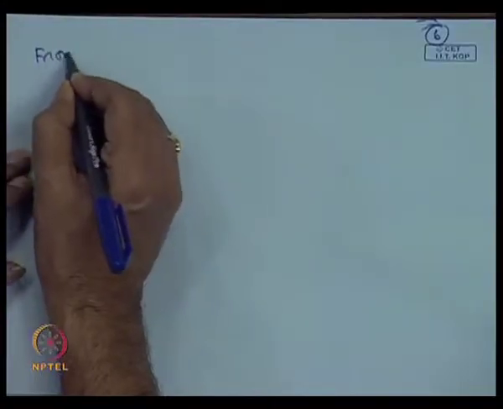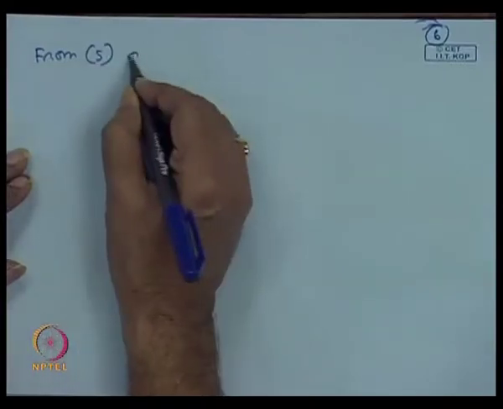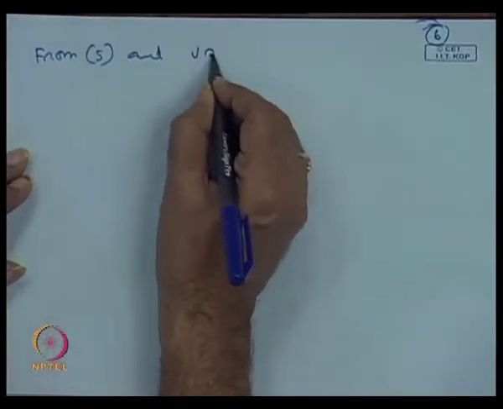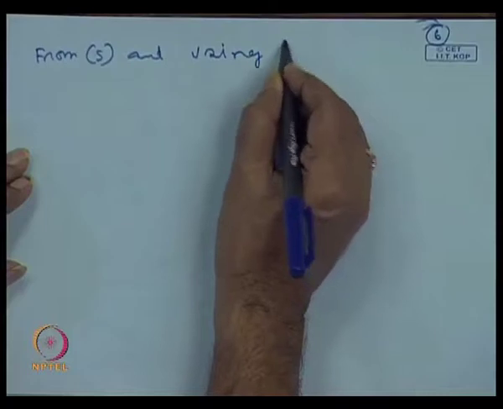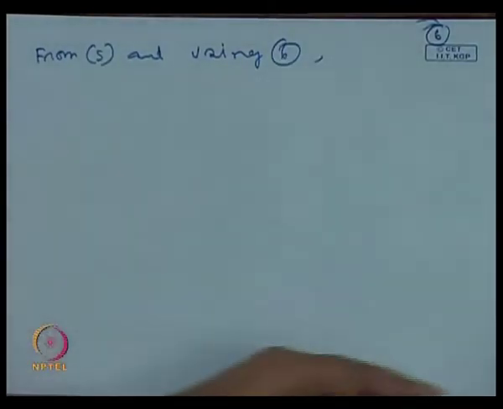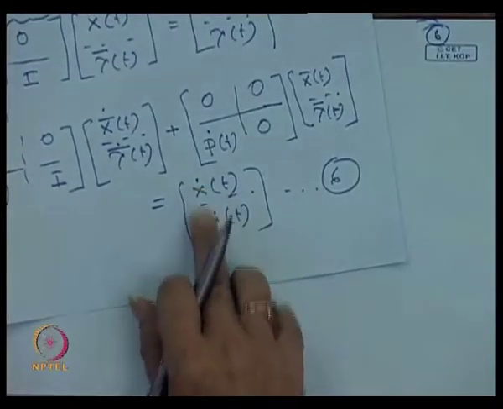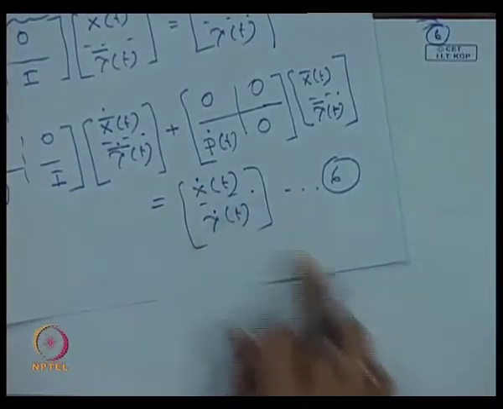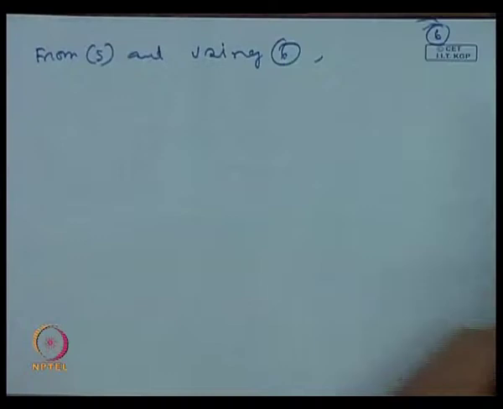So, from 5 and using 6, what can you get? What I told you is that in place of x dot, lambda dot, I will replace it by this equation, using 5.